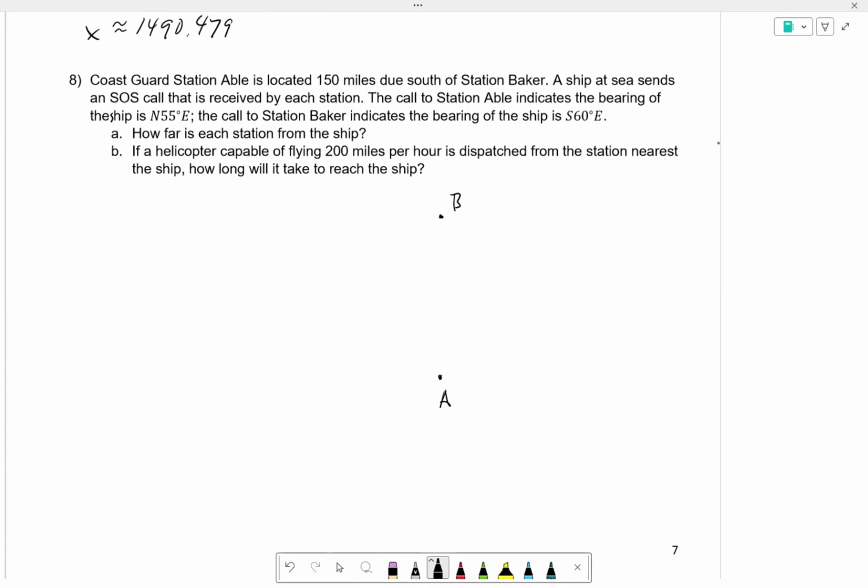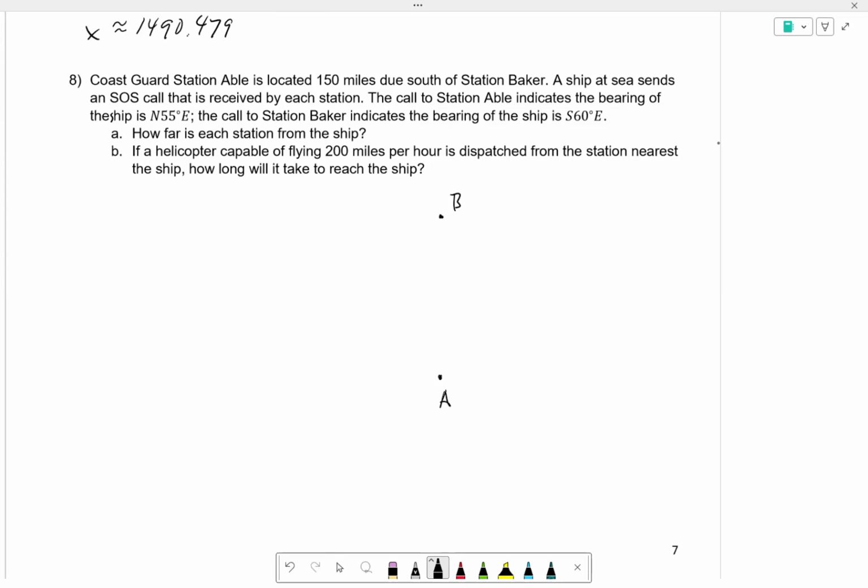Nice. So a ship at sea sends an SOS call that is received by each station. The call to station Able indicates the bearing of the ship is 55 degrees east of north, or north 55 degrees east.